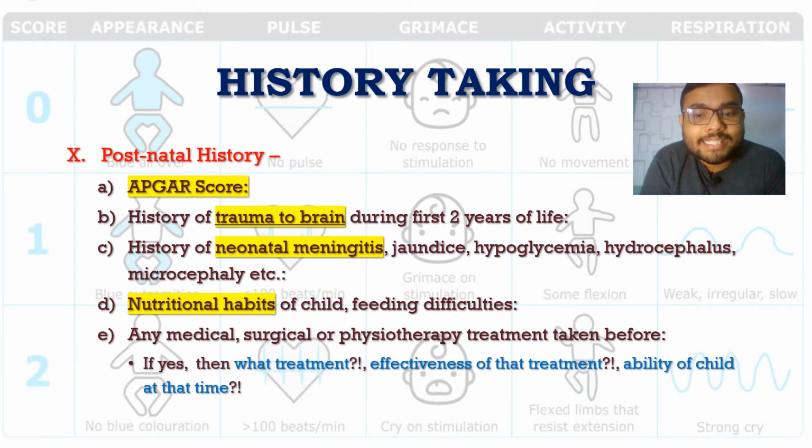So if that is a yes, then you need to know what treatment was given, the effectiveness of the treatment, and the ability of the child at that time, right?